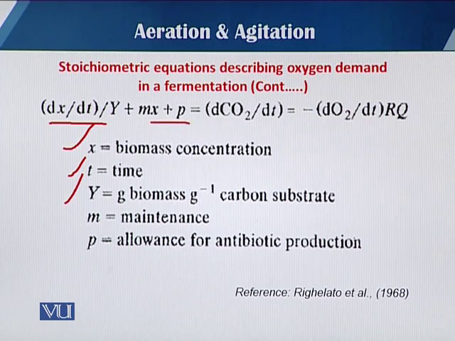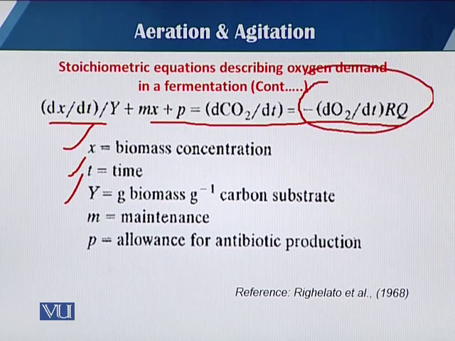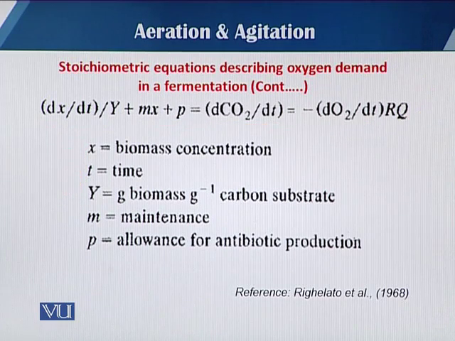So this equation describes a fermentation process in which an antibiotic is to be produced, and ultimately dCO2 over dt, the change in carbon dioxide, is equal to the utilization of oxygen in this process. You can see the sign, that is the depletion with respect to the fermentation process.